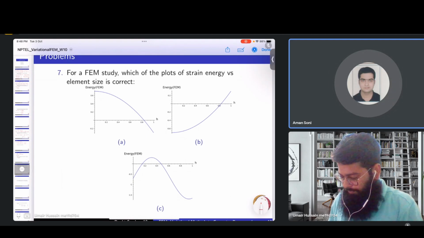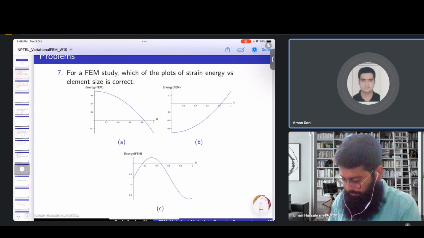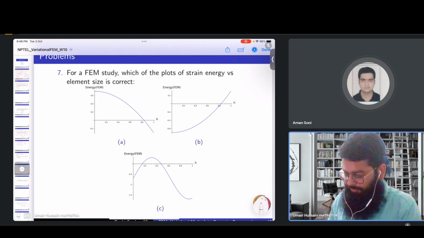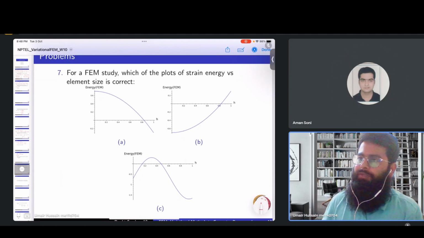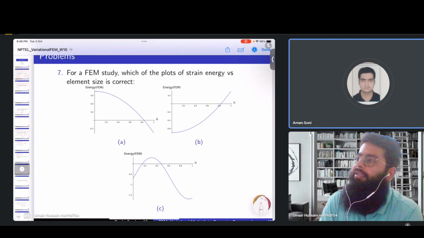As you have discussed, when we refine our mesh, the strain energy stored in our FEM structure will in general give a higher value. Yes, it's based on that same concept. Please go ahead. B, one second. Element size.